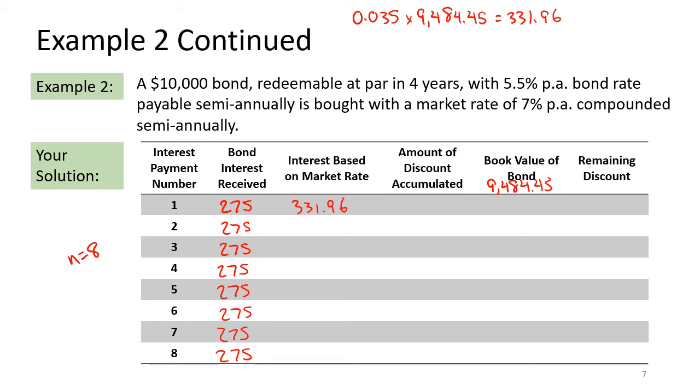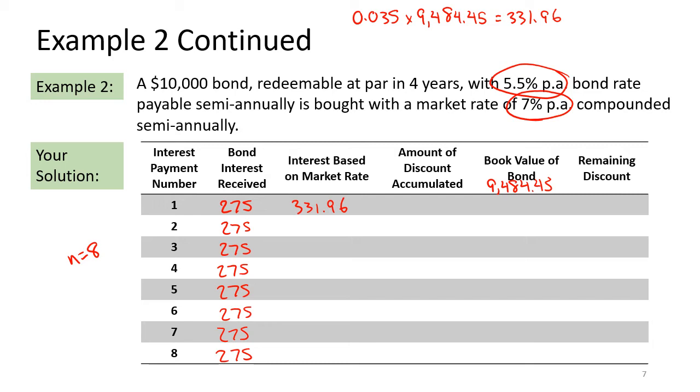What you'll notice is unlike in the premium, the interest based on the market rate is higher than the bond interest, and it should be, because you can make more money in the market than you can in your bond. So you have to go the opposite direction.